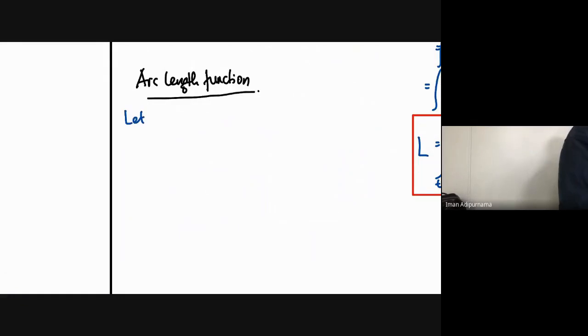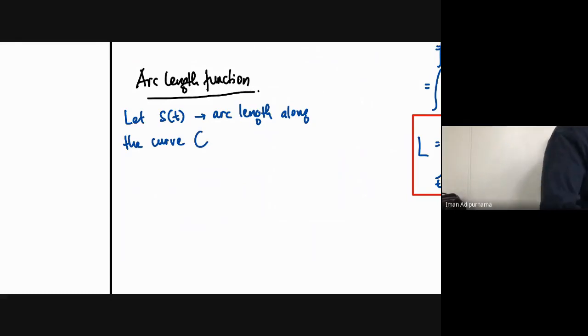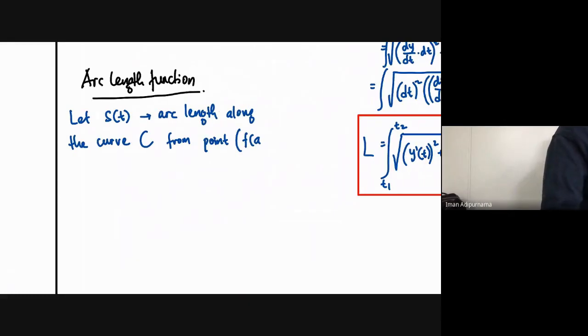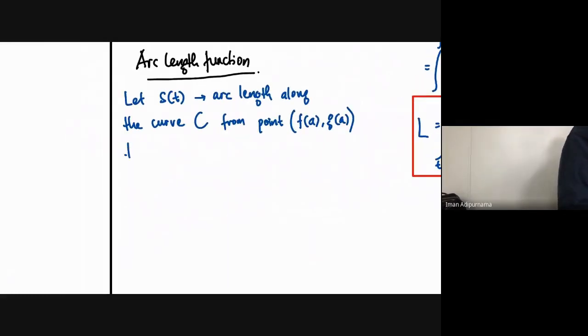Let s(t) be the arc length along the curve, let's say the curve C, from an initial point (f(a), g(a)), the x, y, to a point (f(t), g(t)).